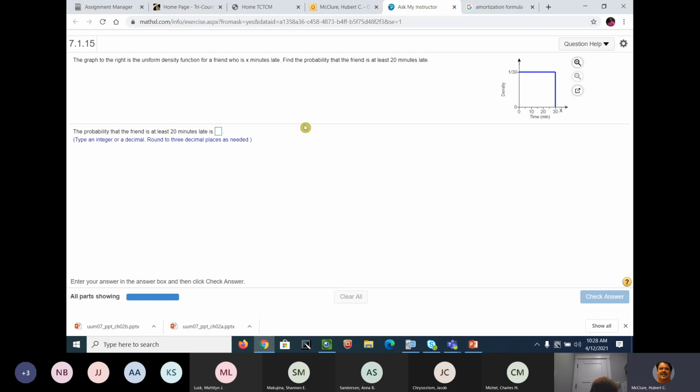All right, so we've got 0 to 30. Got a uniform distribution. Since the base is 30, the height is 1/30. And that's 5, 10, 15, 20, 25. And they want to know the probability of at least 20 minutes late.